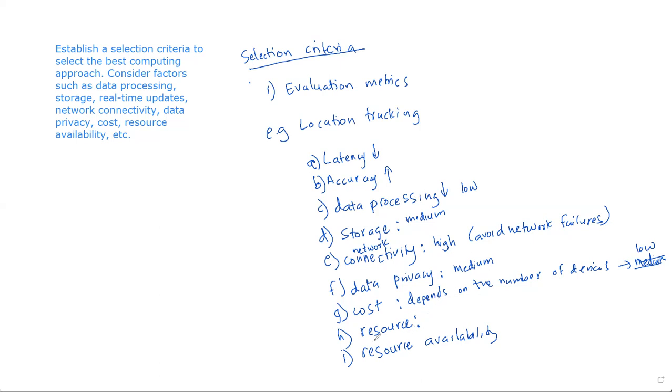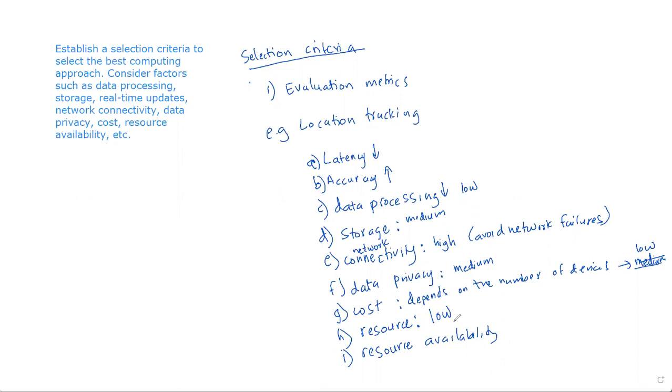Resources, I mean resource availability. At the edge computing, the resource level is very much lower than fog computing and cloud computing. So do you need a lot of resources? That is what I'm asking here. You might not need a very high level of resources to do the location tracking application. You might just need to collect some data and update that data in a certain server.